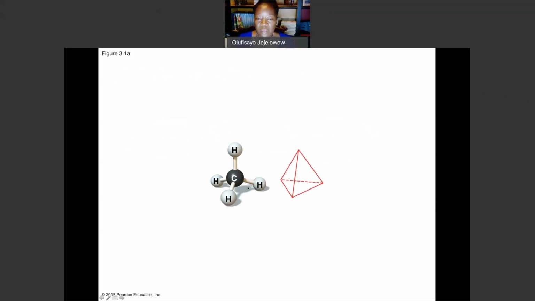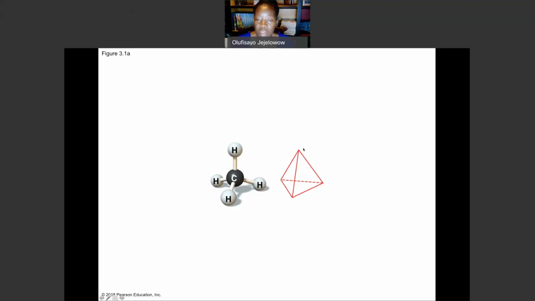So this is methane. This is a carbon in the center. This is just a model illustrating. So we don't see the electron shells, but we know that the outer shell for carbon has 4 electrons. So 1 electron shared with hydrogen, with hydrogen, with hydrogen, and with hydrogen here.